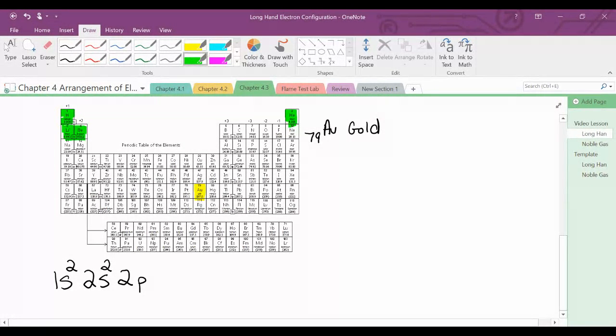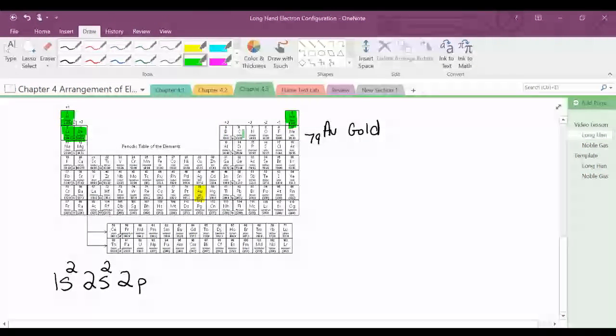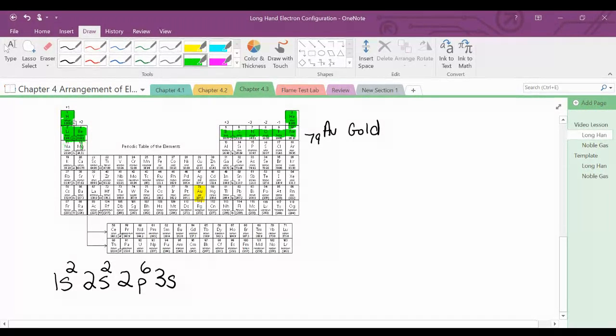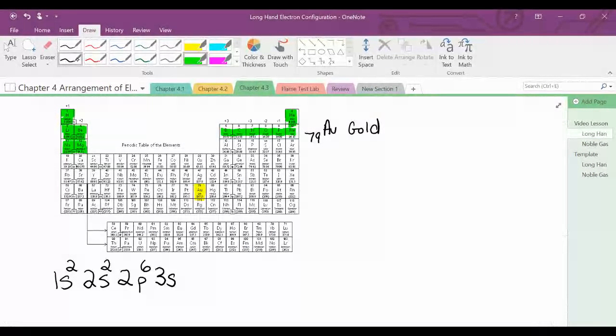So I'm going across over to the 2p. 2p, 1, 2, 3, 4, 5, 6. 2p6. We're going to move down to the S block, which is the third energy level here. So we're at 3s. The S sublevel can hold 2 electrons, so 3s2.